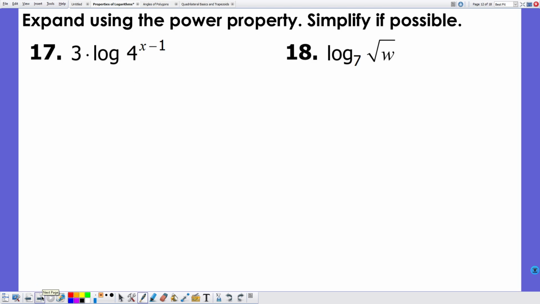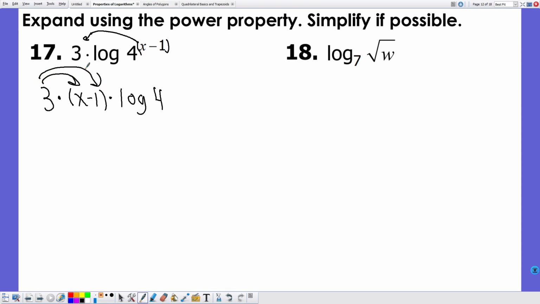Continuing on. Alright, now we got this craziness going on. But still, move your exponent. Put it in parentheses if you have to, but you're moving your exponent as a product. So we will keep the 3, times x minus 1, times the common log of 4. Then you would expand that, but make sure when you do this you keep it in parentheses.